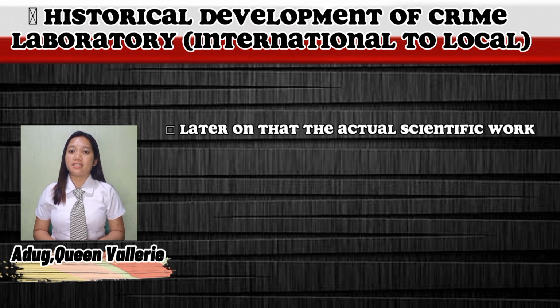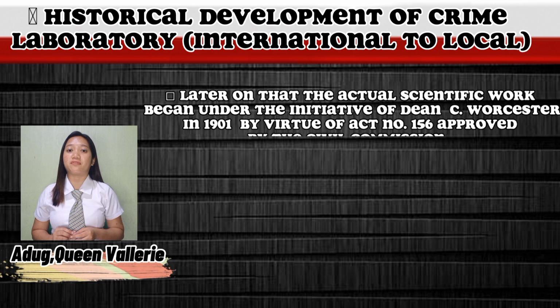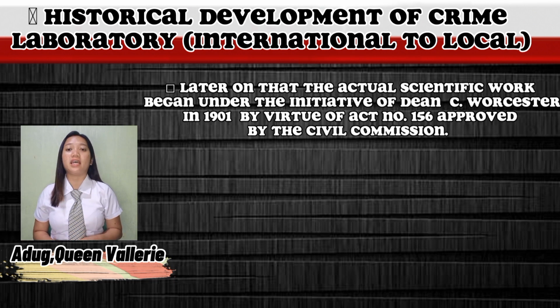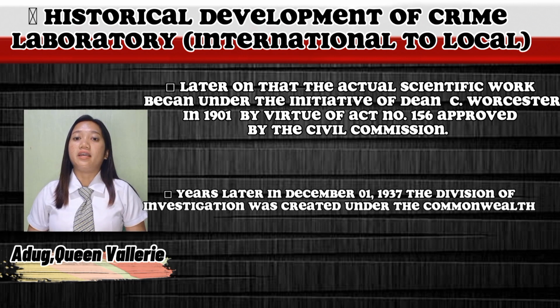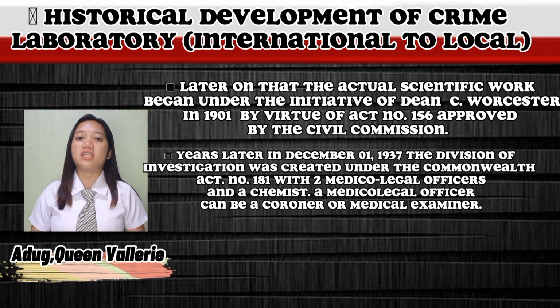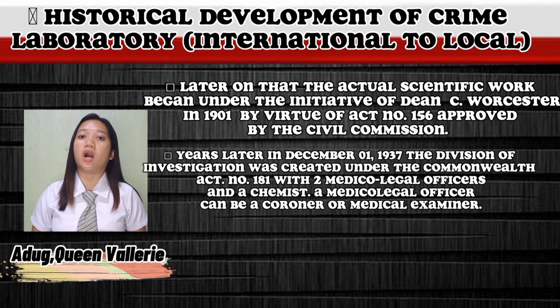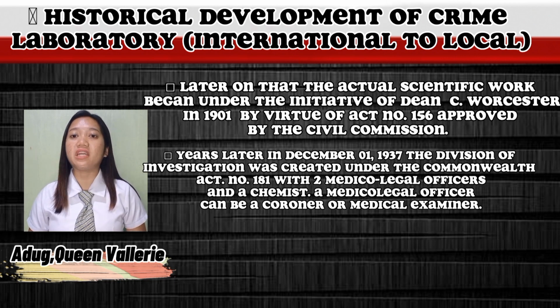Later on, the actual scientific work began under the initiative of Dean C. Worcester in 1901 by virtue of Act No. 156 approved by the Civil Commission. Years later, on December 1, 1937, the Division of Investigation was created under Commonwealth Act No. 181 with 2 medico-legal officers and a chemist.